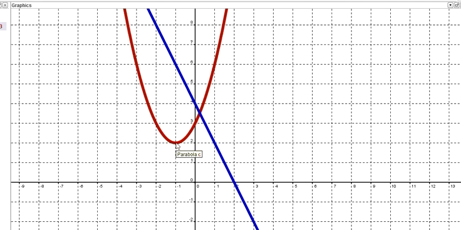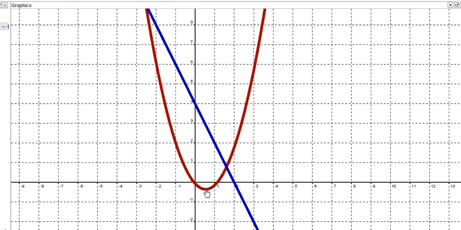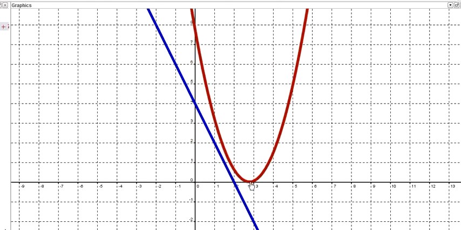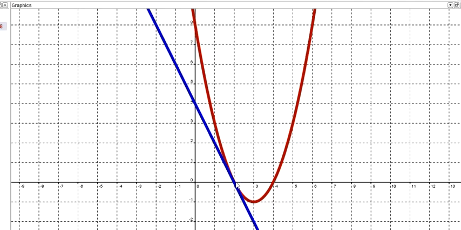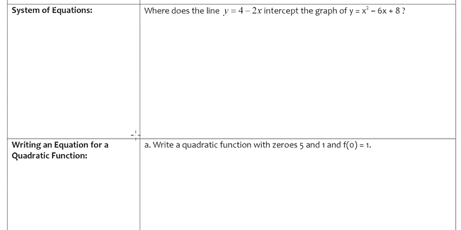You're only going to have at the maximum two intersections when it's a linear equation and a quadratic, but it could be all sorts of different points where those two points are happening. For again, right now, we only actually have one point of intersection, and it's going to be 2, 0. But let's go through and show that to ourselves using the math.